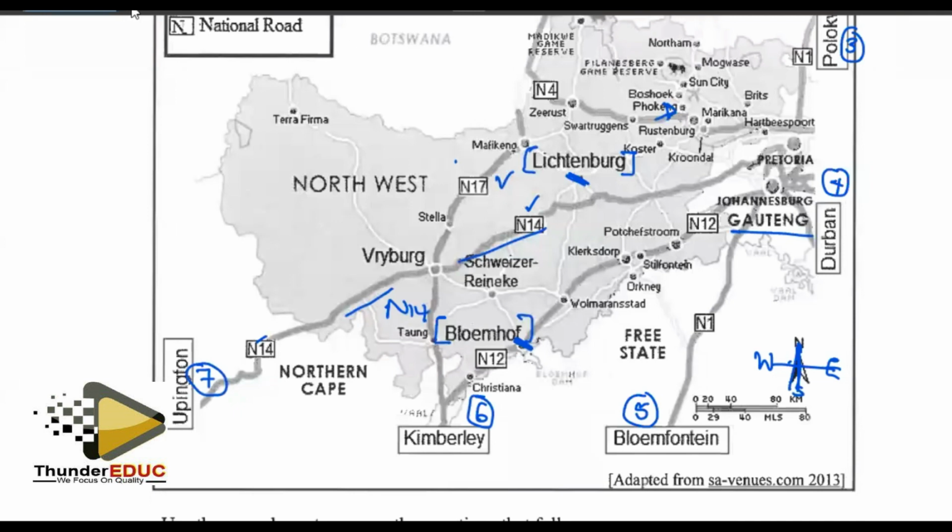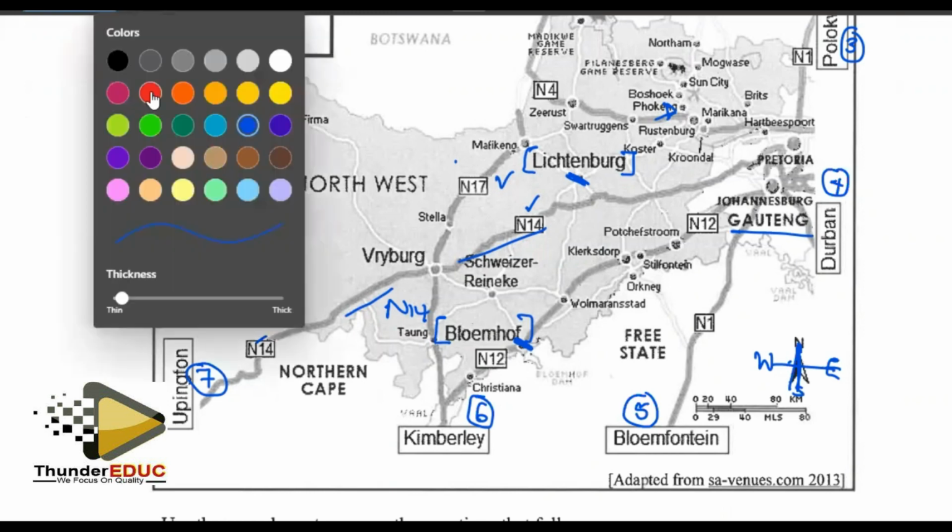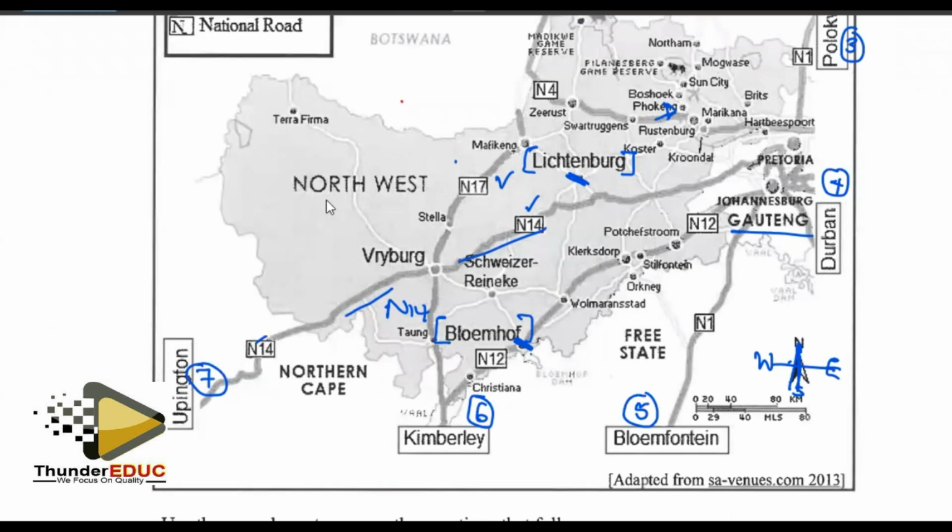What you do now, I'm going to just show you something small. You get your ruler, then you measure this distance here with a ruler, please. You measure it from this place to this place. So let's imagine approximately, they said measure in millimeters.